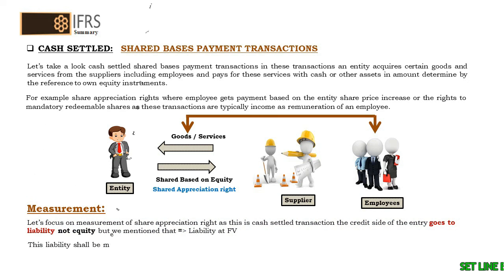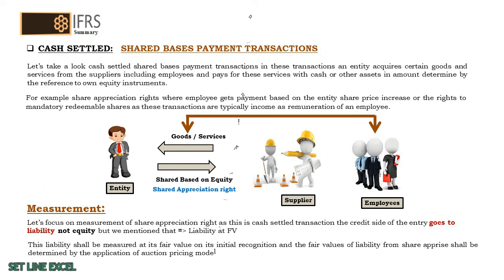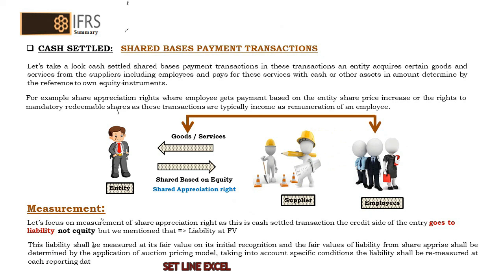This liability shall be measured at its fair value on initial recognition, and the fair value of the liability based on share price shall be determined by applying an option pricing model, taking into account specific conditions. The liability shall be remeasured at each reporting date until settled.